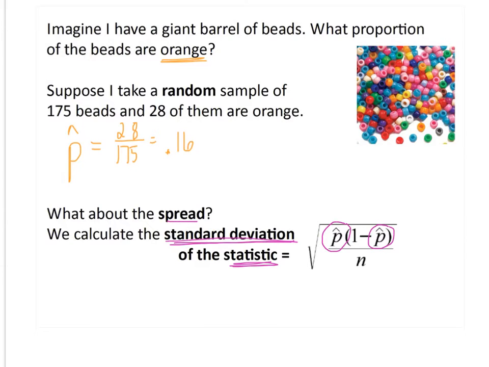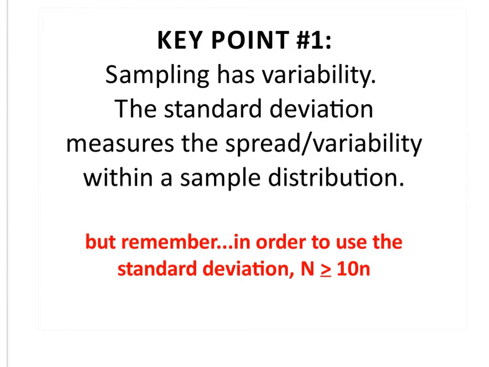So we have our center, which is where I take my sample, centered around 0.16, but the spread, or how varied my samples are going to be, comes from this formula, the standard deviation of the statistic.